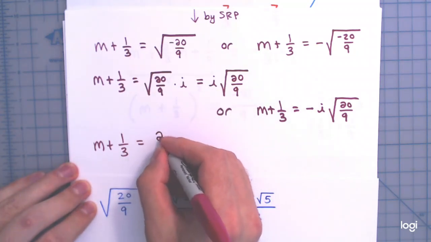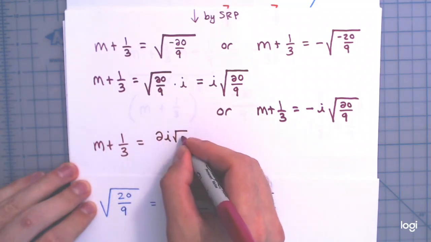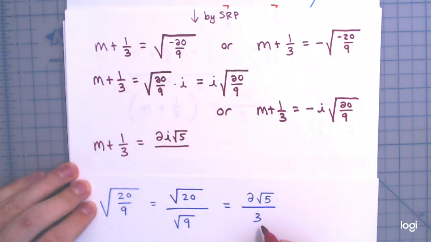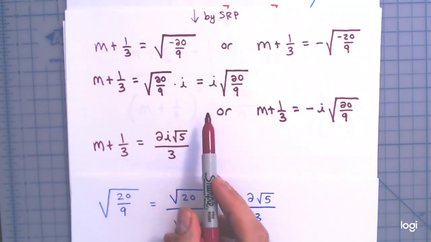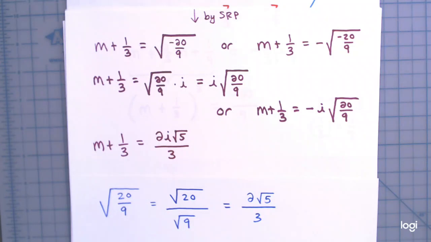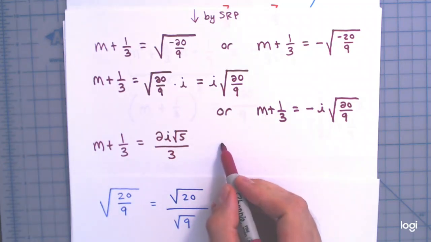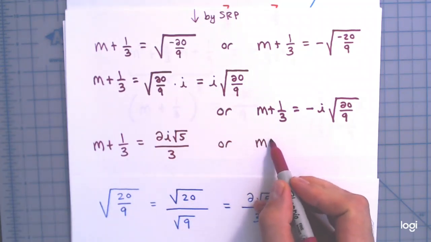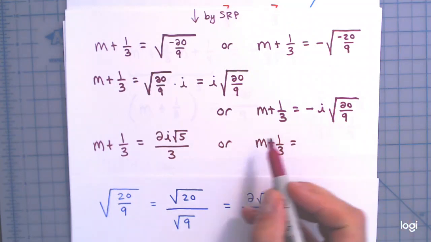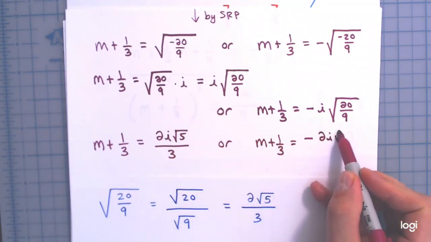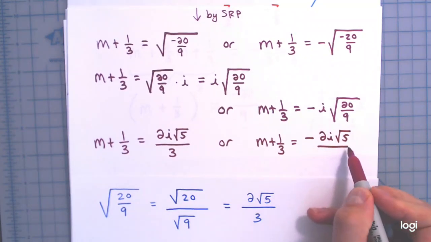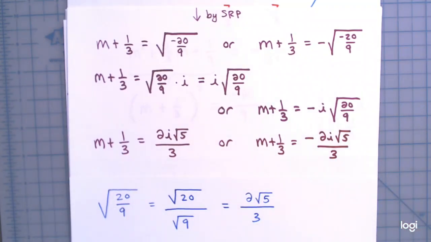So that's 2 times i times the square root of 5 in the numerator over 3. So this number here is exactly the same as i times the square root of 29ths. Or m plus 1/3 could be equal to the opposite of this, so negative 2 times i times the square root of 5 all over 3. Great, so we're almost done.